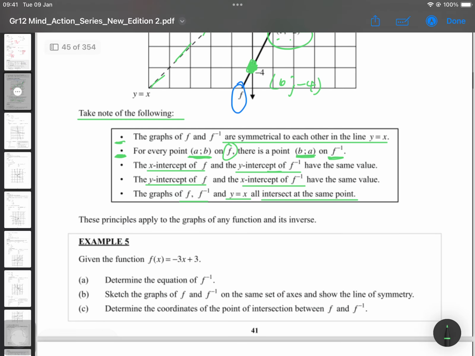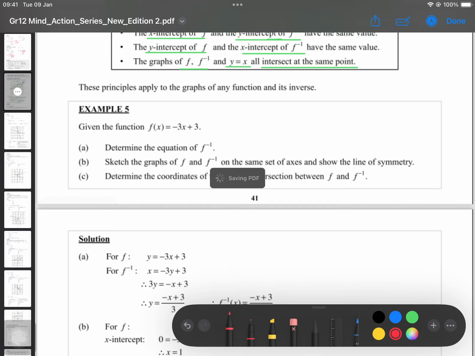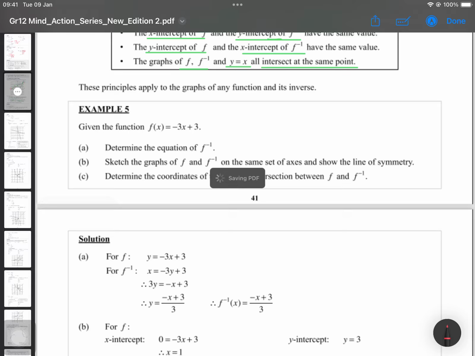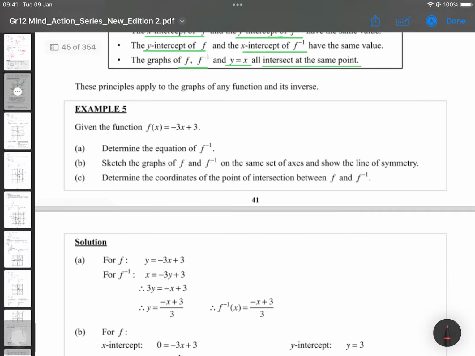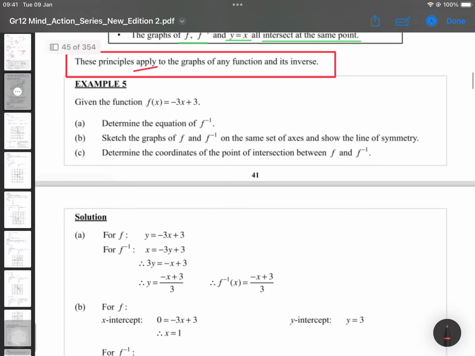These principles apply to the graphs of any function and its inverse.